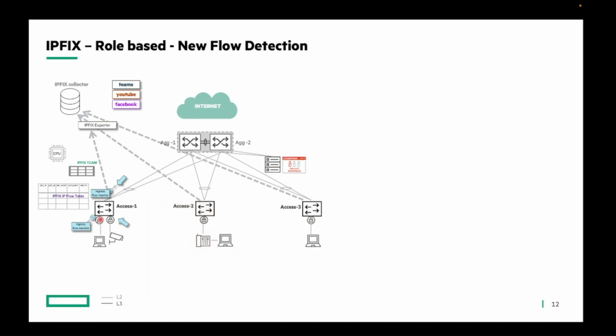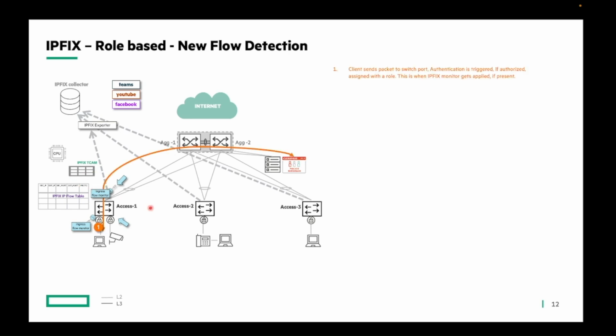So we have authenticated clients here, and we have TCAM-based uplinks on the uplink interfaces. I have both the IPFIX IP flow table and the IPFIX TCAM for the uplinks identified here.